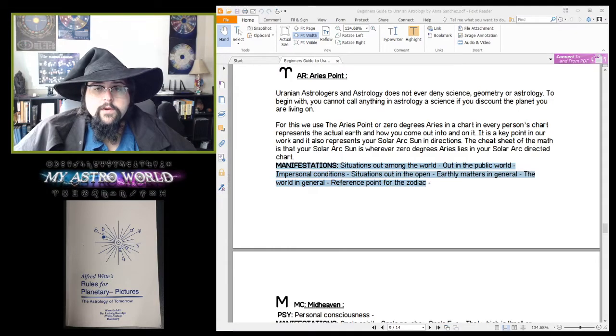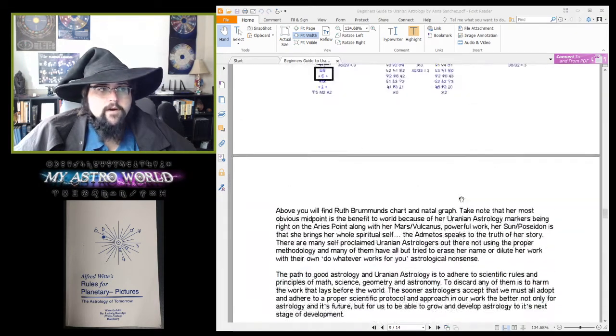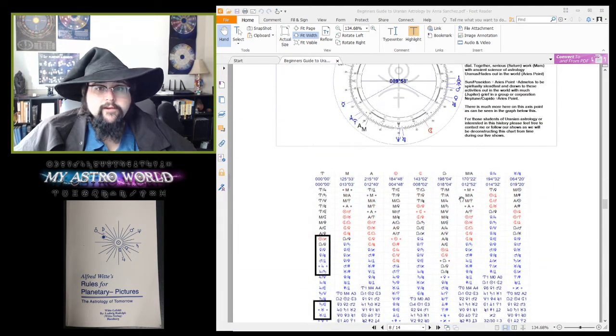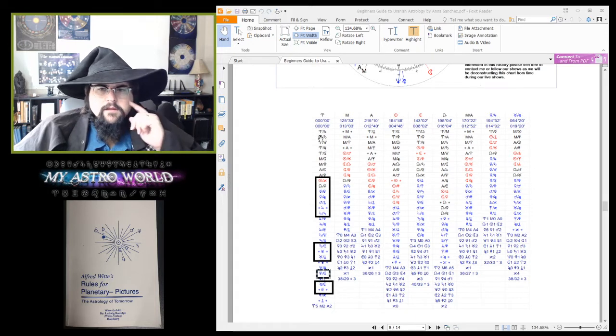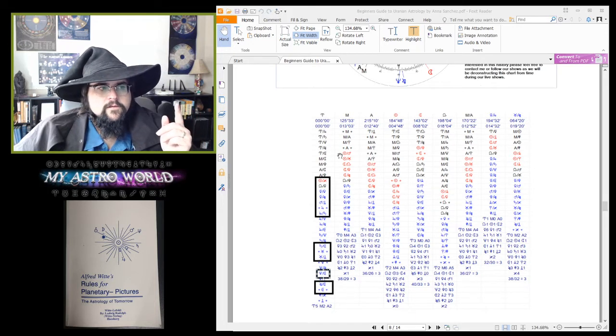So we go back over here and pop on up to Ruth's stuff. So Aries Jupiter is on Aries. But the Aries point is made up of Aries. Like the Aries point's part of what makes Aries Jupiter.